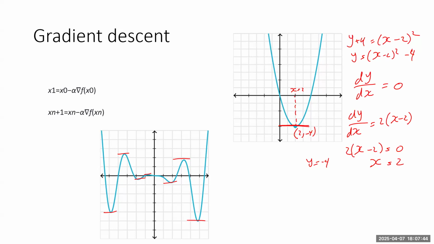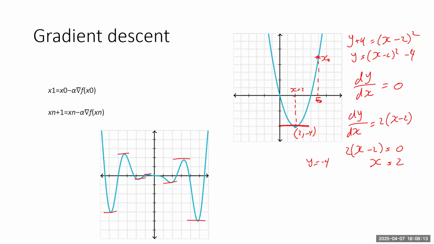Instead of working on the closed form for the function, I will work on an initial guess. Let's say the initial guess is here. So I will assume that the initial value of x is this one, 5.